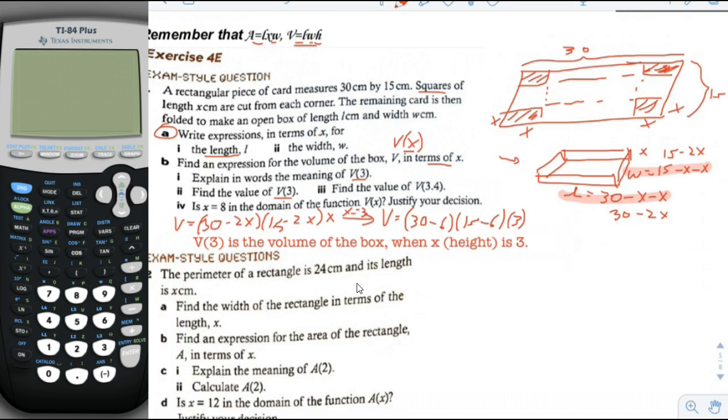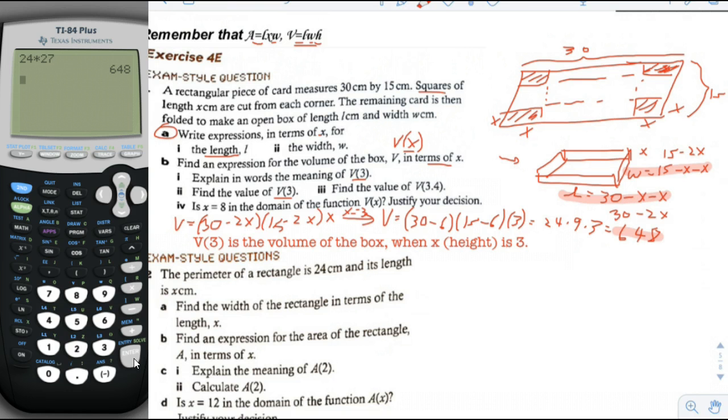So we have here 24 times 9 times 3, which is 24 times 27. 24 times 27 equals 648 is the volume.